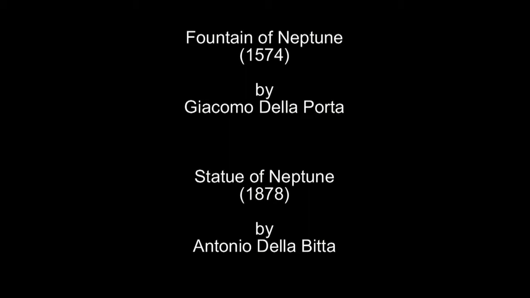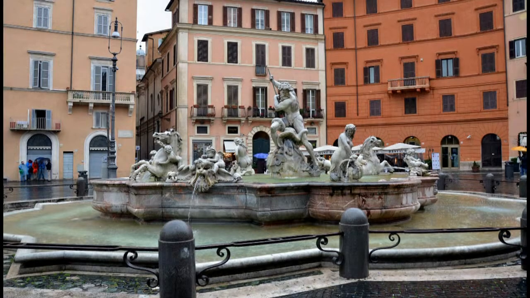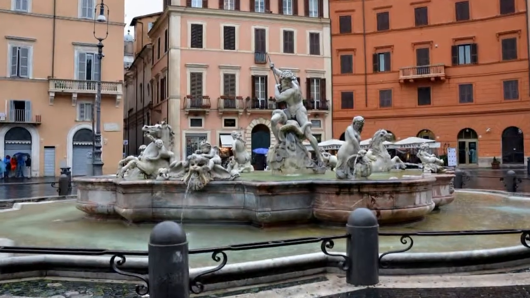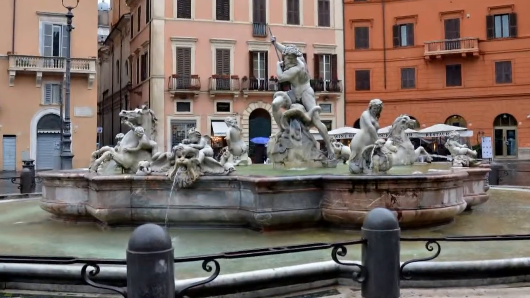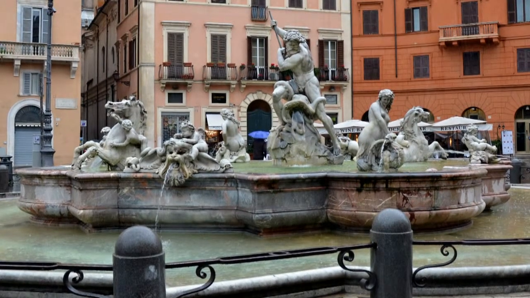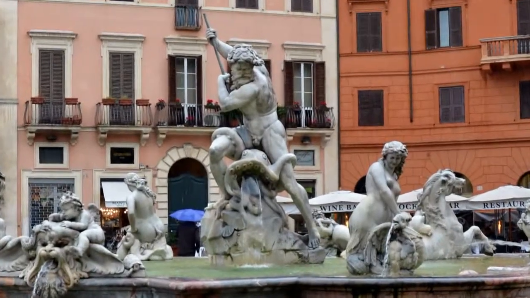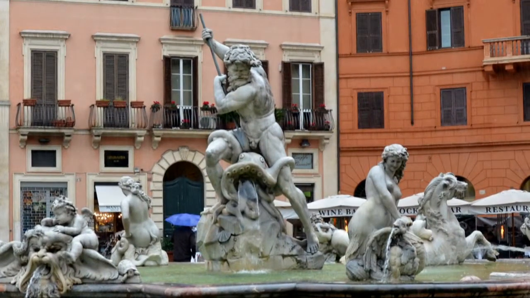And at the northern end is the Fountain of Neptune, 1574, created by Giacomo della Porta. The statue of Neptune in the northern fountain, the work of Antonio della Vita, was added in 1878 to make that fountain more symmetrical with La Fontana del Moro in the south.